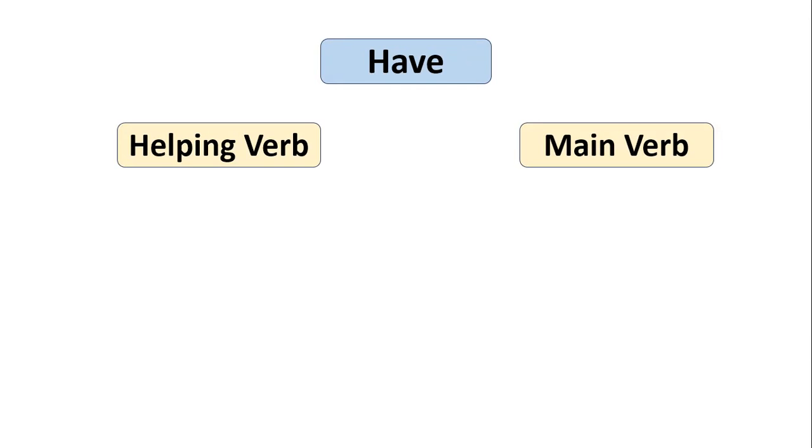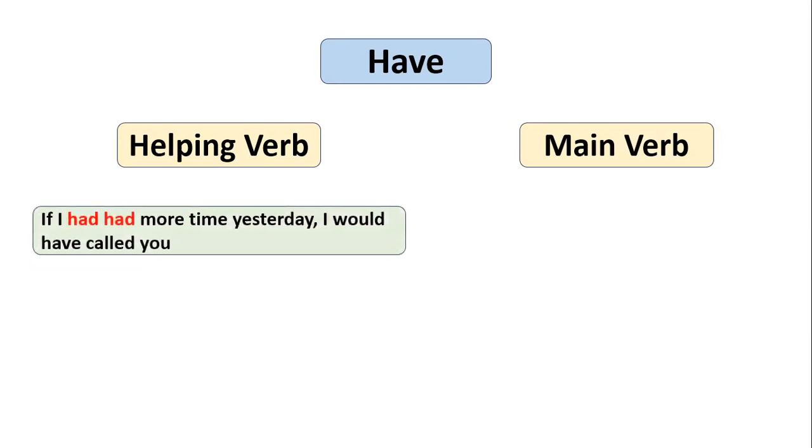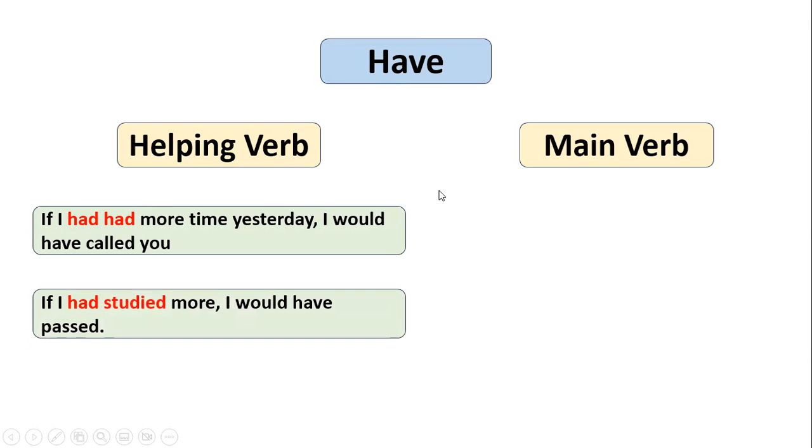So let me show you the difference. If I look at this sentence, if I had had more time yesterday, I would have called you. And another example is this. If I had studied more, I would have passed. What you notice here is that had is followed by another verb. So the first one is a helping verb.